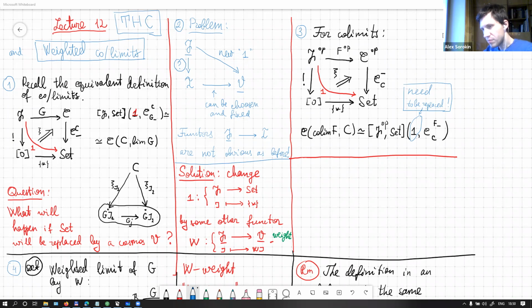Maybe you ask yourself, why did I give one of the alternative definitions of a limit in a rather specific and strange way when we had the lecture about limits and colimits?